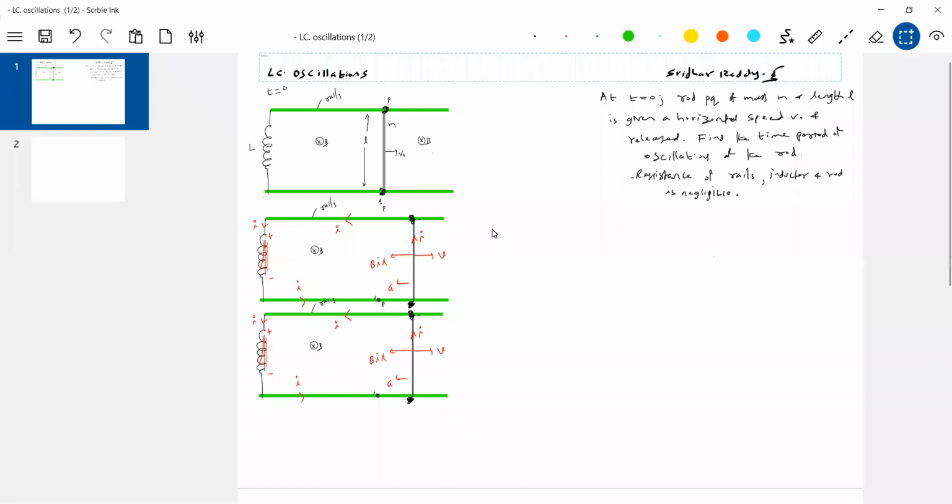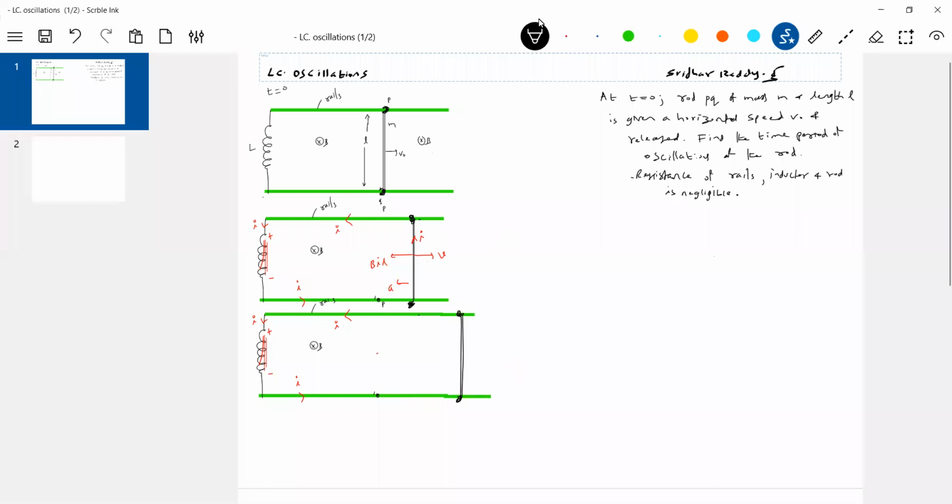Let's take this one. Now, what is the position of the rod? The rod undergoes retardation and let it come to rest here. What happened to the energy?